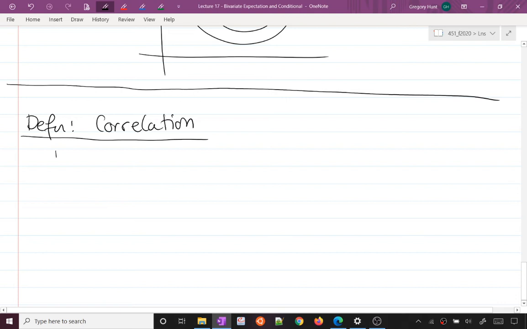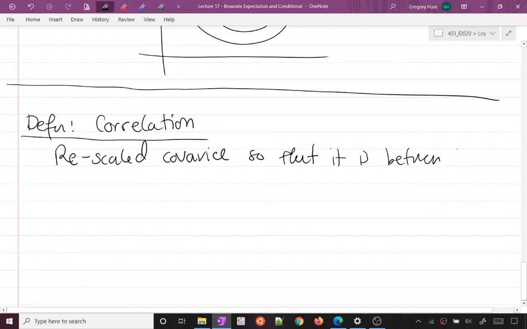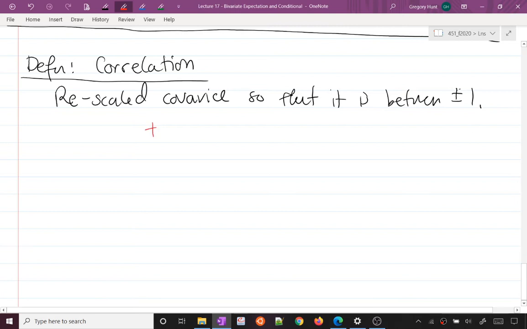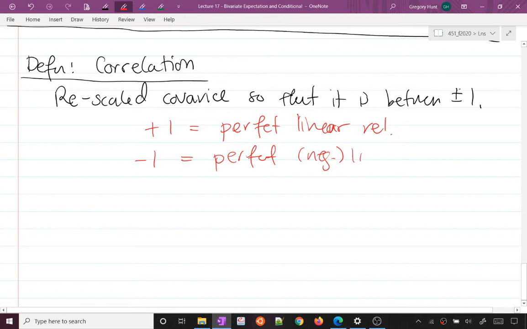Correlation is basically a rescaled covariance so that it is between plus and minus 1. Here, plus 1 equals a perfect linear relationship between our variables x and y, negative 1 is a perfect negative linear relationship, and 0 means not linearly related.